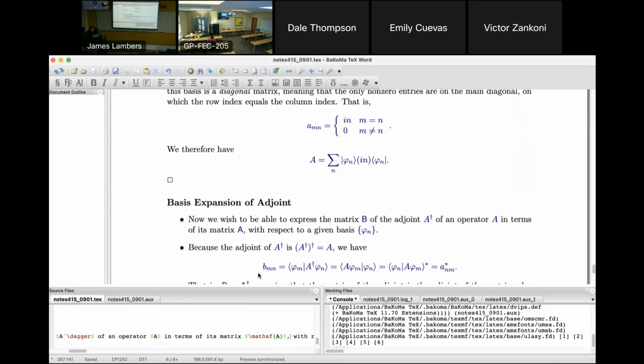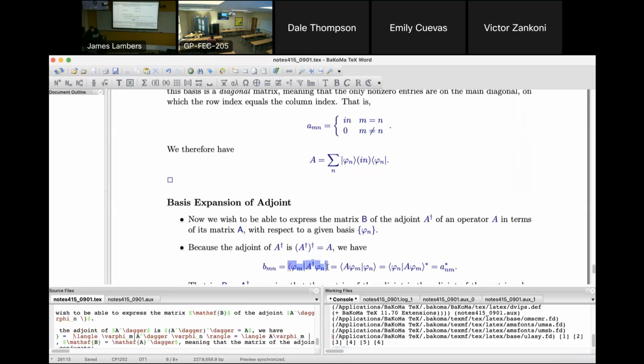So by the definition of a matrix of an operator, I would have this. But this is the same, by the definition of the adjoint, as if I were to move this operator over to phi m, and now it becomes its adjoint, which is A. So I've used this property here to justify that.